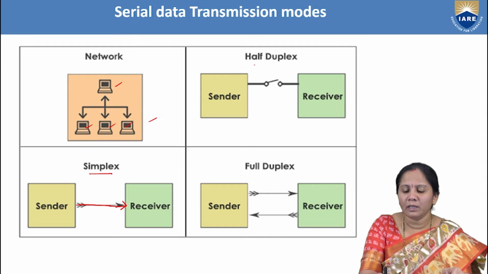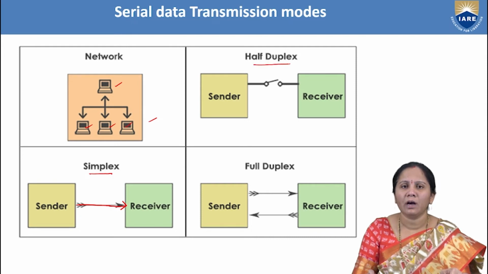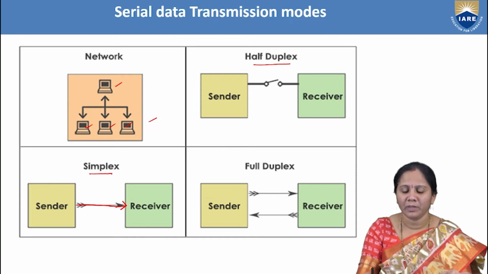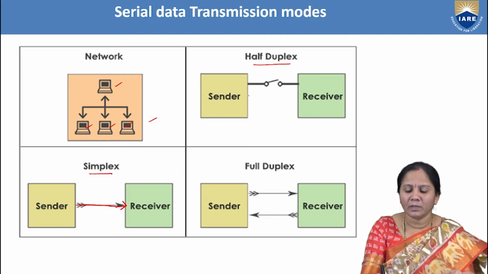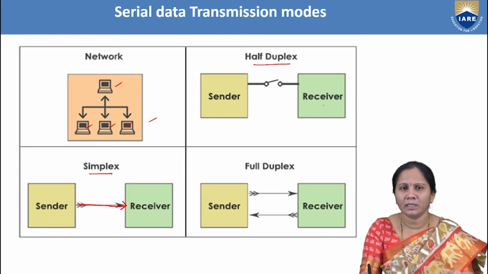Another transmission mode is half duplex transmission mode. Here we will see how the data is transferred between sender and receiver. In this type of transmission mode, the sender will be sending the data and the receiver will be receiving the data. In the second case, the receiver also can send the data to the sender.